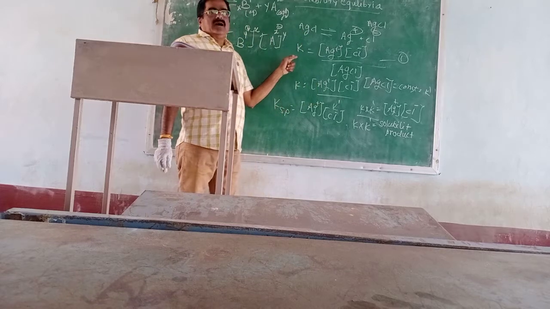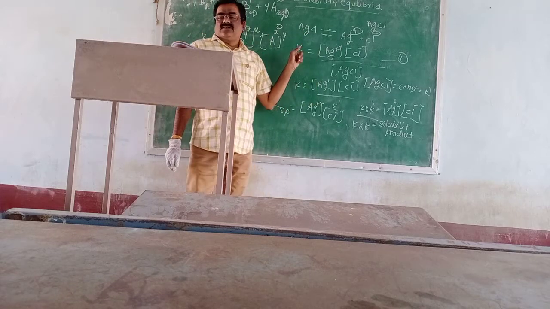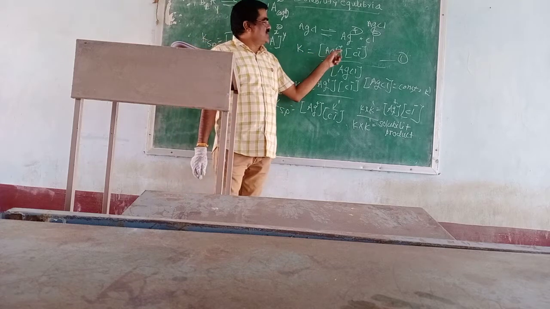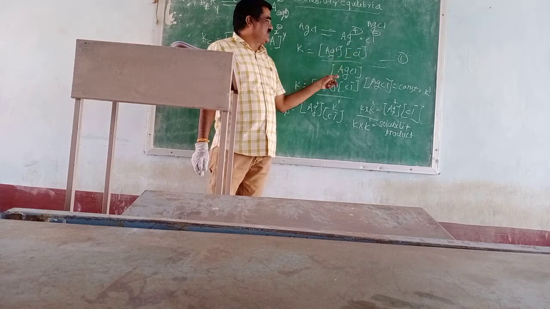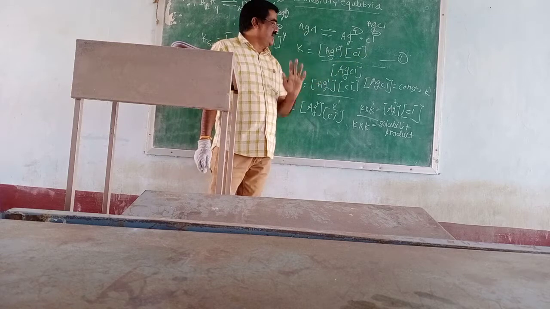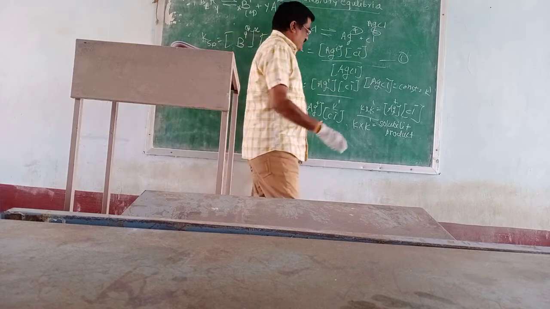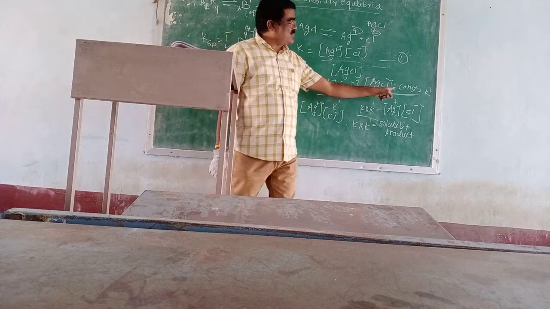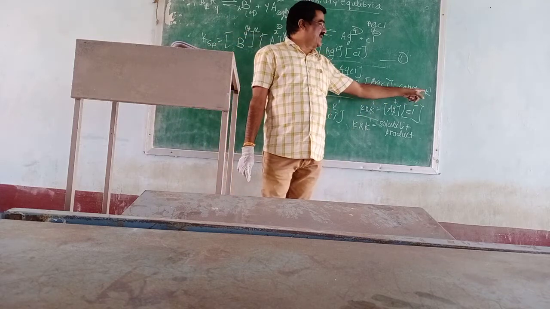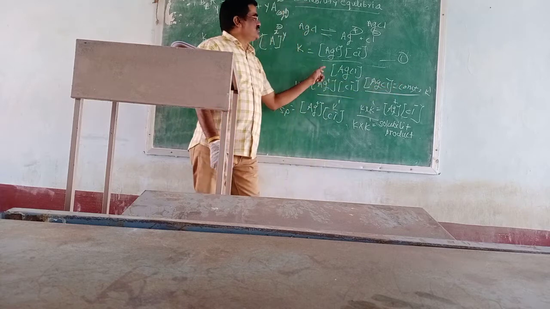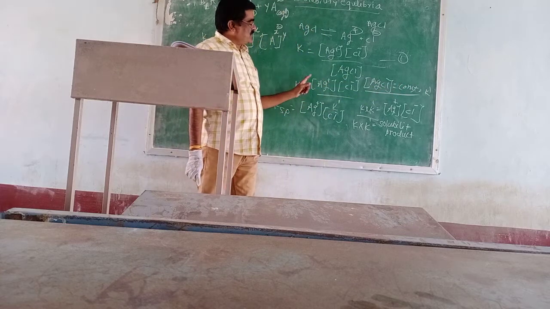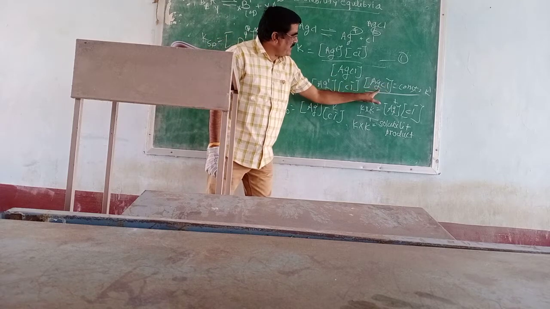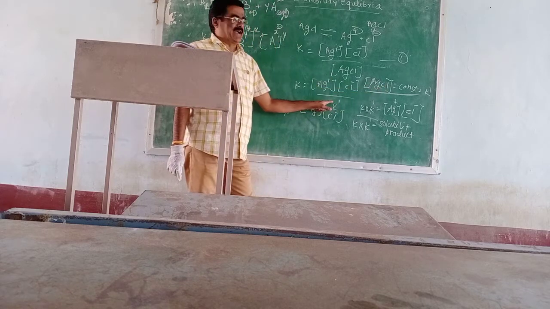Then the expression for the equilibrium constant K is equal to the molar concentration of Ag plus Cl minus divided by AgCl. That is equation 1. But the undissolved AgCl is a constant, represented by K dash. Putting this value into this equation, K is equal to Ag plus Cl minus divided by, instead of AgCl, K dash.